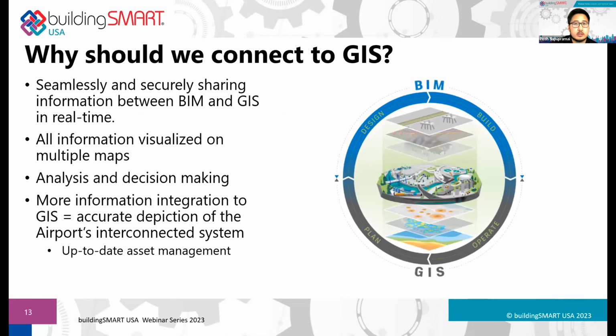So why should we connect to GIS? And I just love this graphic on the screen here. Most of you have seen a similar graphic or this graphic itself, but as we start in the lower left quadrant in the planning phase, we're starting in GIS on a map or just planning maps, right?